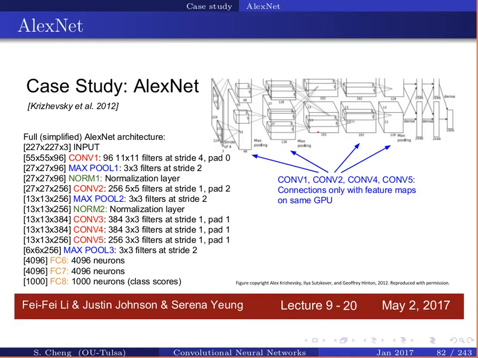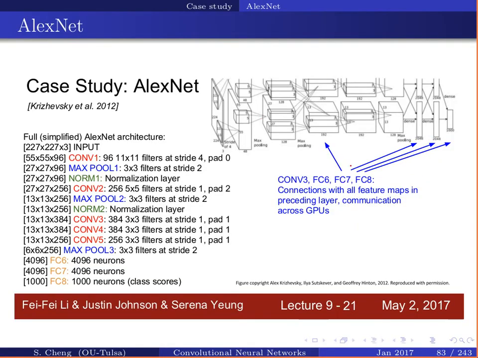Some layers they split completely, so for example the two layers on the 2 GPUs do not communicate with each other, but there are some other components where they talk to each other.